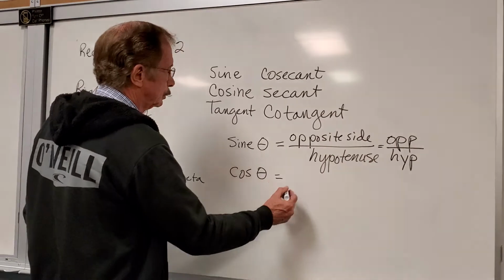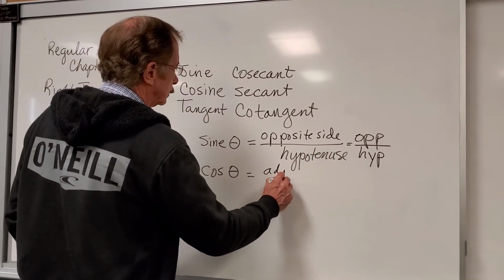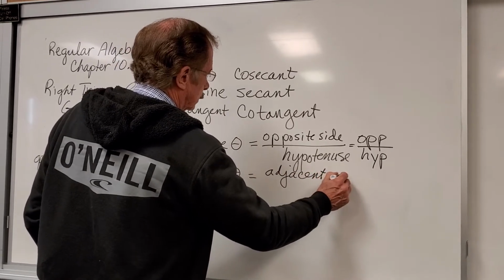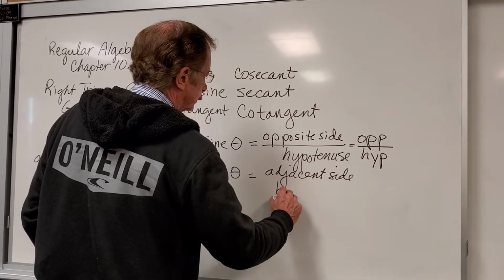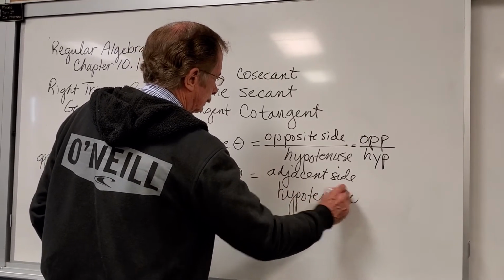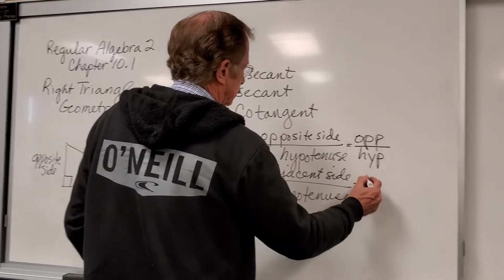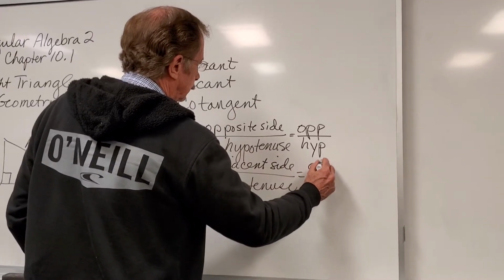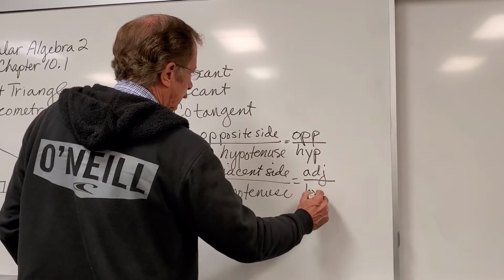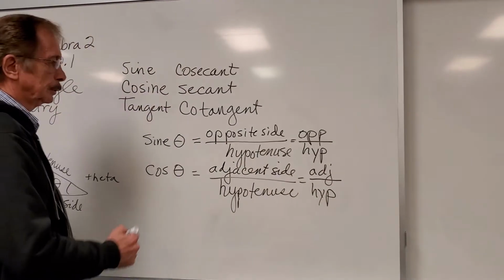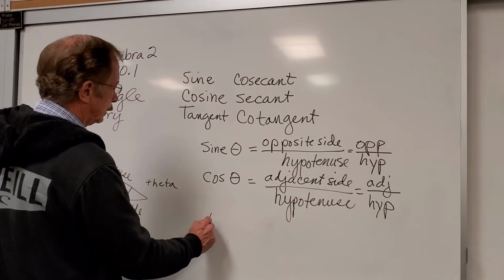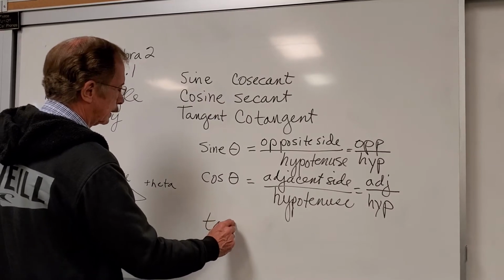And it's equal to the adjacent side divided by the hypotenuse. Just like that. But to save time, we go ADJ. We all know what that means. And the hypotenuse. So you have three of them right there, with this added at the last.